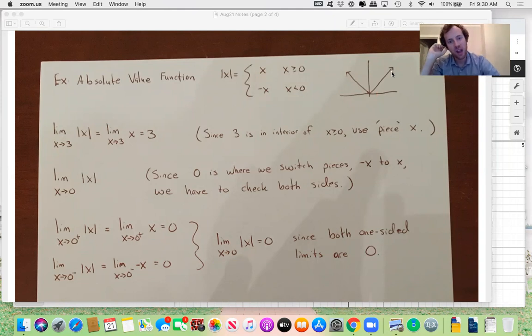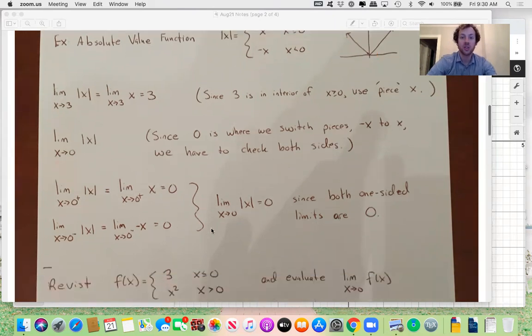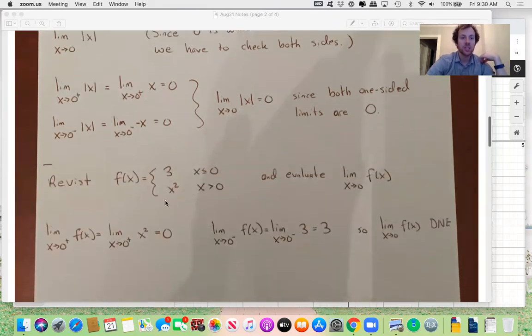So to contrast this case where the two sides match up, we'll appeal to an example that we saw earlier where we really just looked at the graph. This function, f of x equals 3 if you're less than or equal to 0, and x squared if you're greater than 0. Let's find the limit of this as x goes to 0, which is the most complicated point. 0 is where we switch from one formula to the other, so that's where the most is going on.